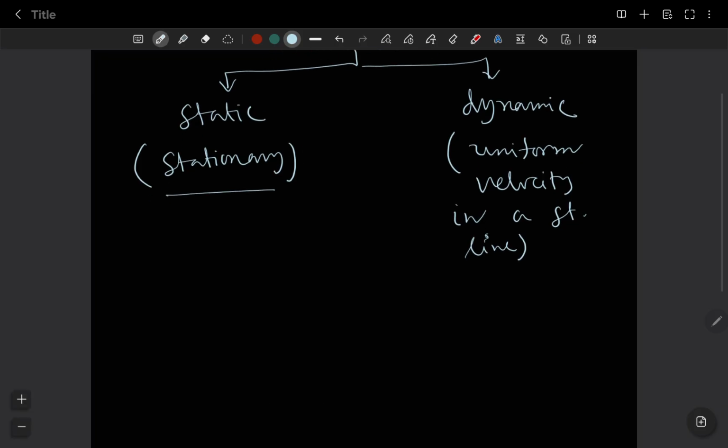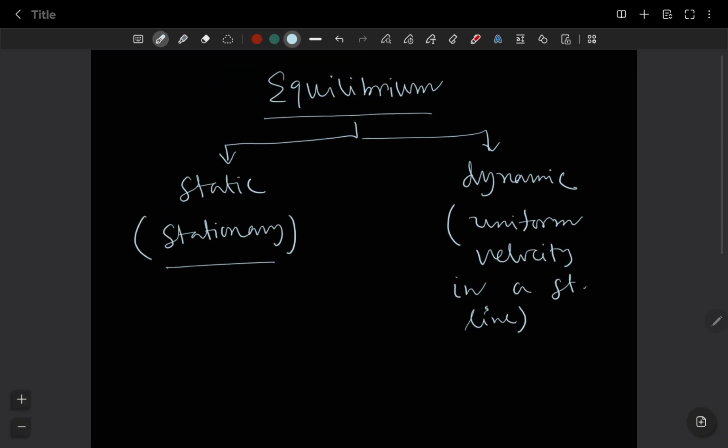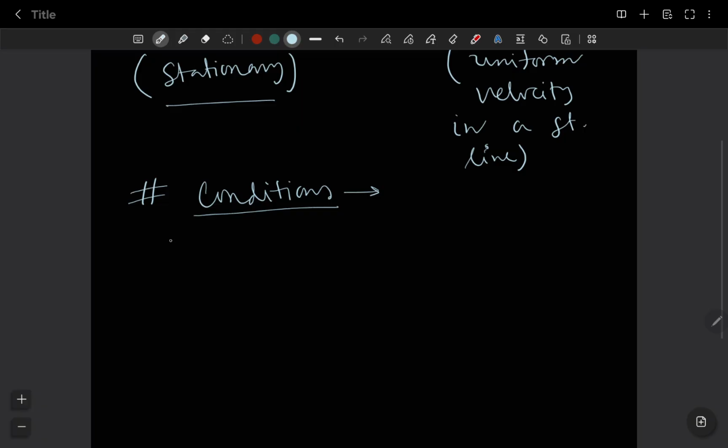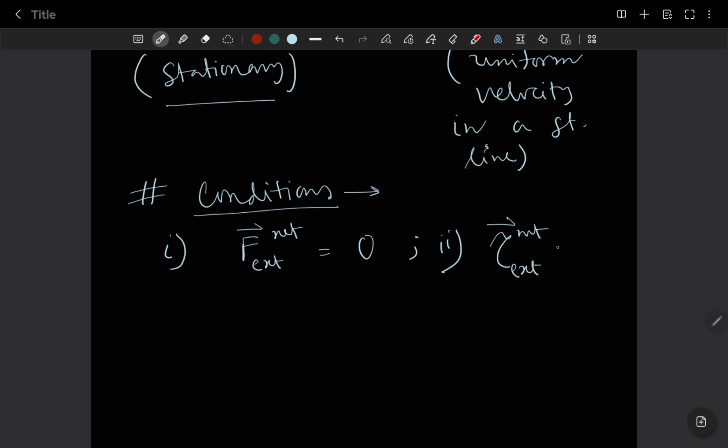Now, the conditions of equilibrium are: number 1, net external force acting on the system is 0, and number 2, net external torque acting on the system is 0.